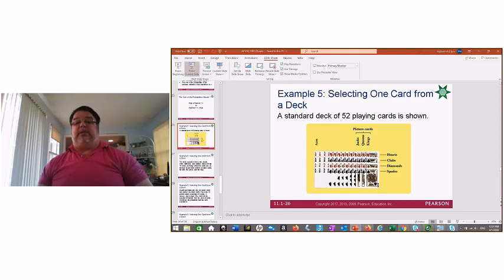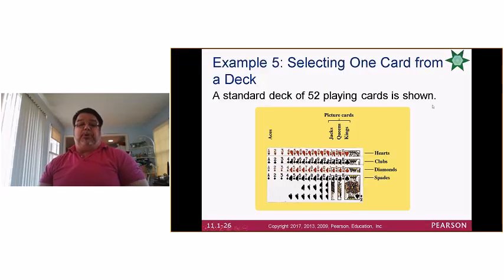I say that loosely because some people don't know anything about a deck of cards. So either get a deck of cards or take a picture of this slide or pause it to learn the deck of cards if you don't know it. Most people do know it, but just in case, there it is.